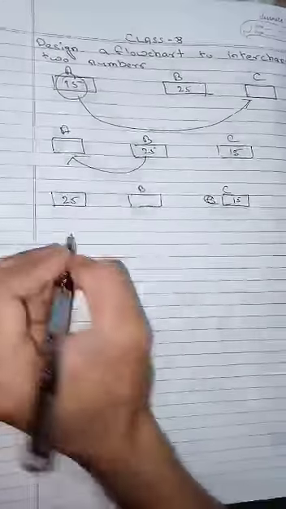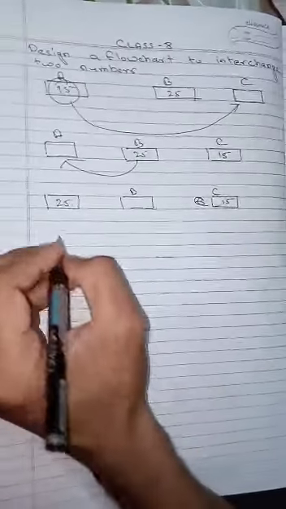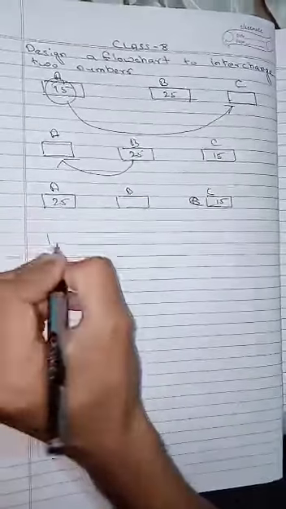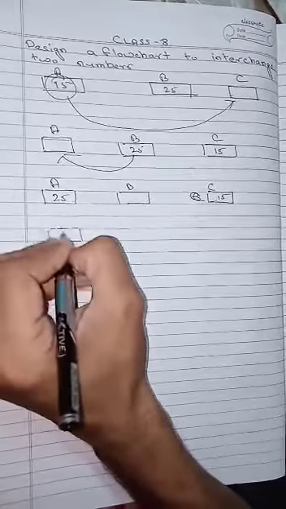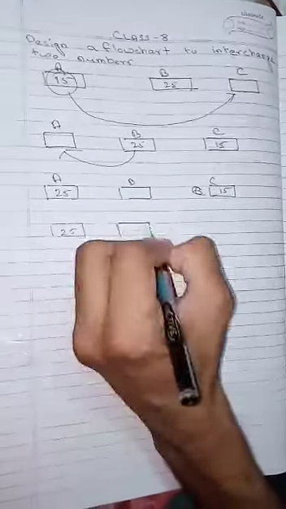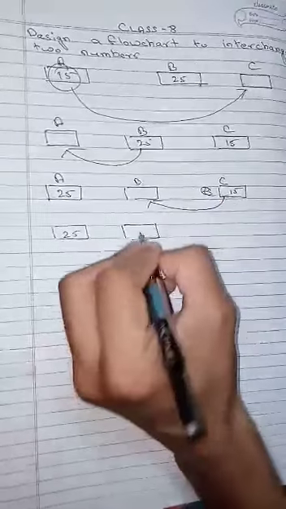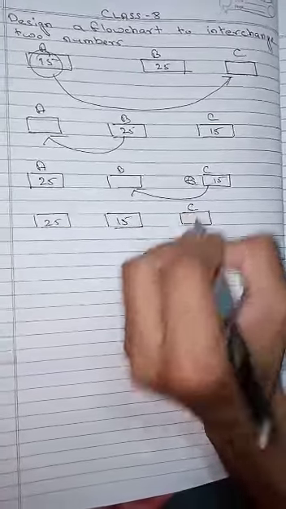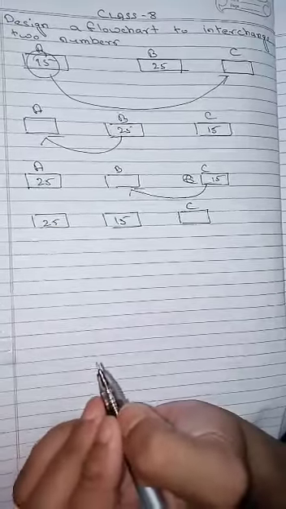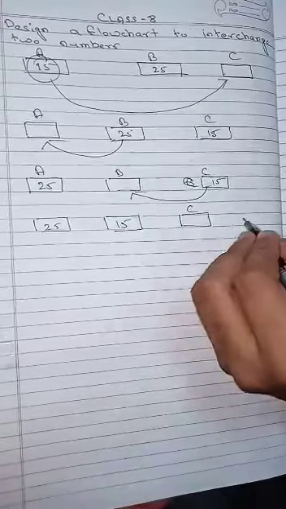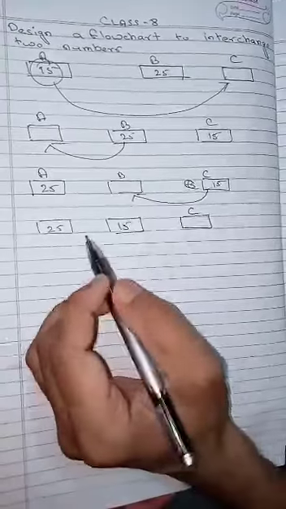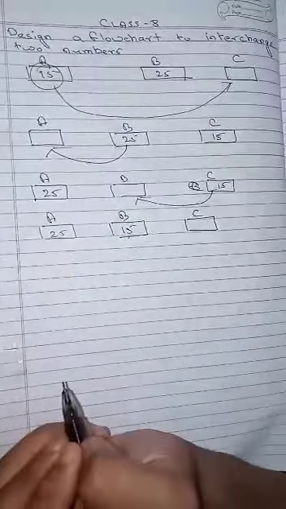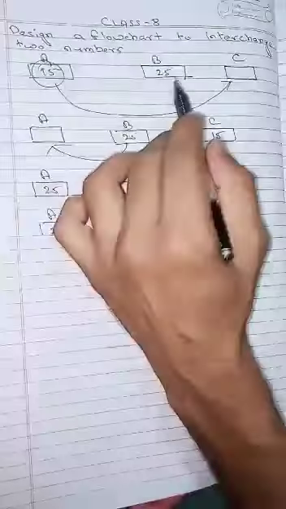In the next step, the value of A remains 25, the value of C is shifted into B, so it becomes 15, and the value of C becomes empty. So this is the end of our process. Now A has 25 and B has become 15. So see, we have interchanged the values.